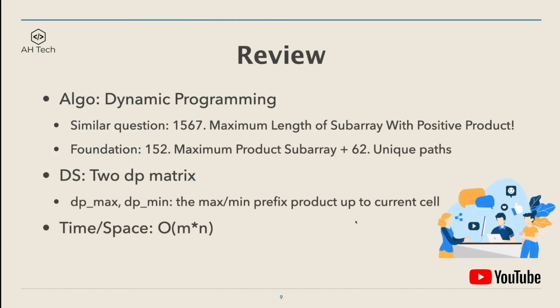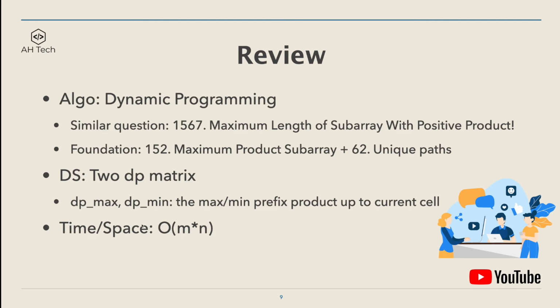Finally, let's review. The key algorithm to solve this question is dynamic programming. Make sure to review questions 1567, and also the foundation questions 152 and 62. The key data structures we use in these questions are 2 DP matrices, DP max and DP min.